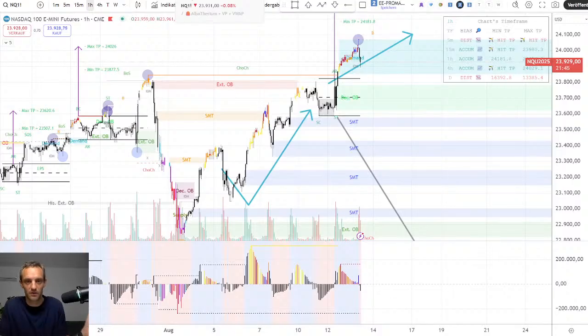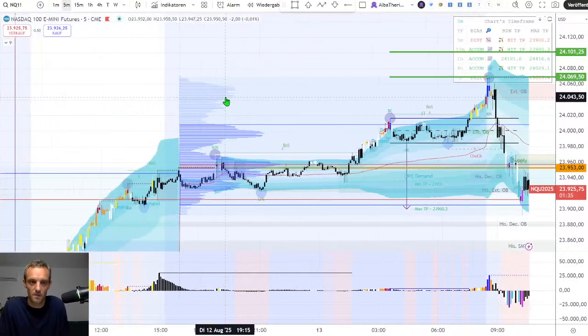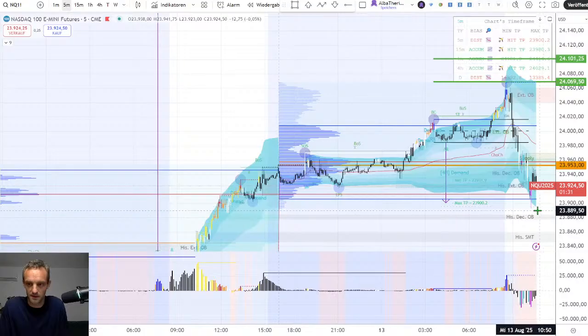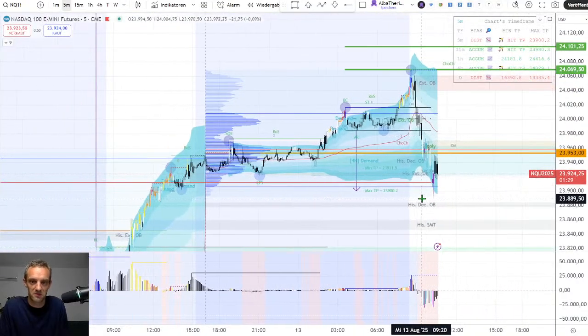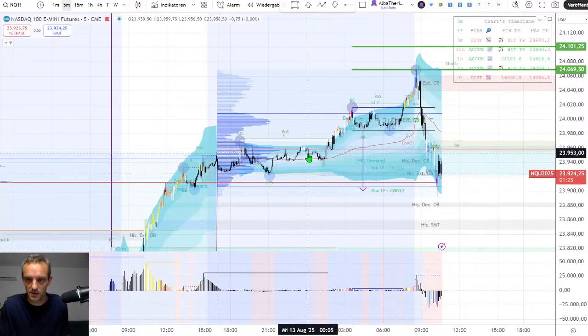Okay, put everything into a context and build your hypothesis based on this information. Very important. So now we are going to scalping methods, how you can use lower time frame entry strategies.